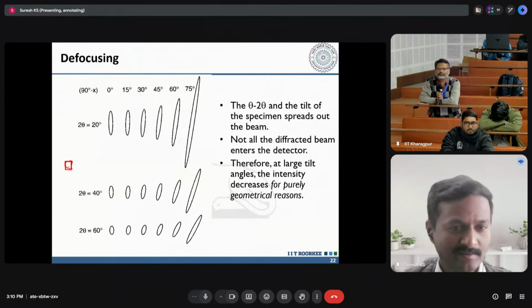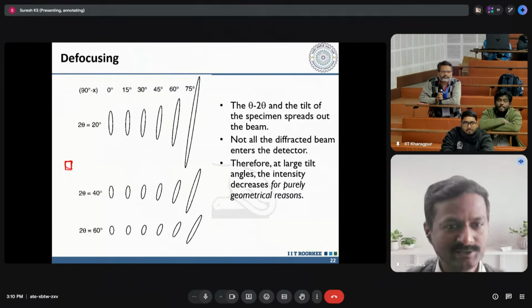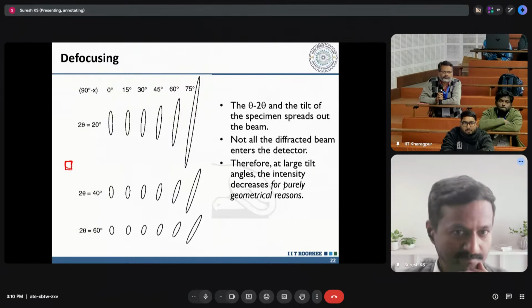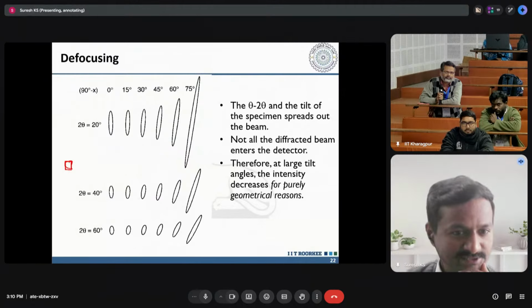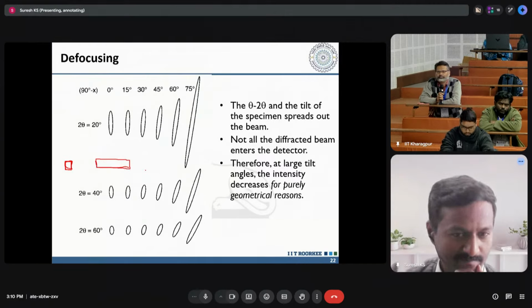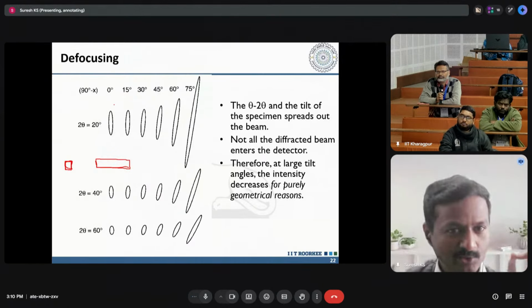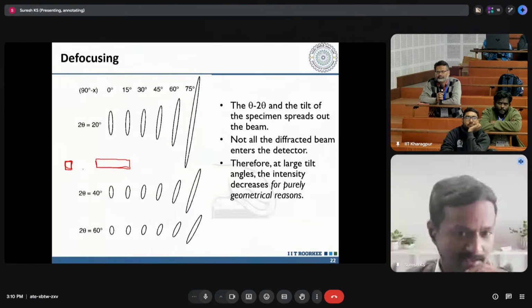But that is not possible because that corresponds to a theta of 90 degrees. Initially I have a theta of 20 degrees, 30 degrees and so on. So instead of a square, now a rectangular shaped beam is going to fall on the sample. This is without any chi tilt, just with the lower theta incident angle itself.